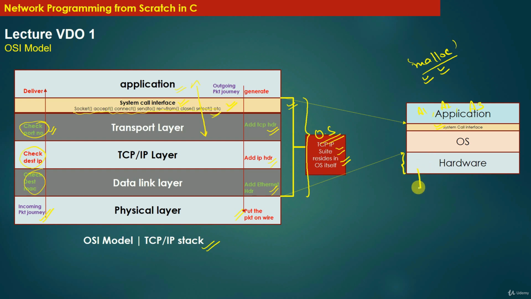These hardwares may include the CPU, GPUs, memory, various USB ports, and many other hardwares. The operating system interacts with the hardware using drivers, which sit between the operating system and the hardware. So in this slide I have tried to show you the networking subsystem of the operating system.